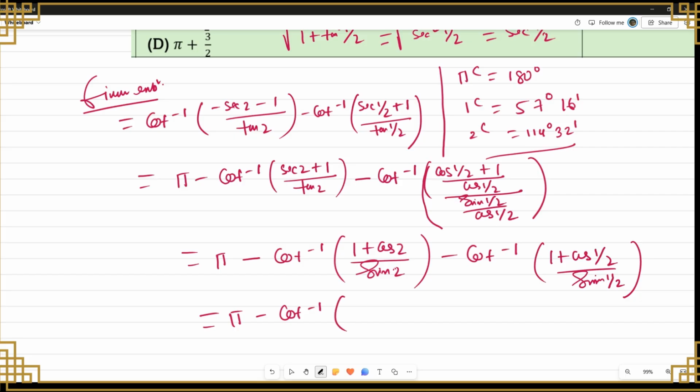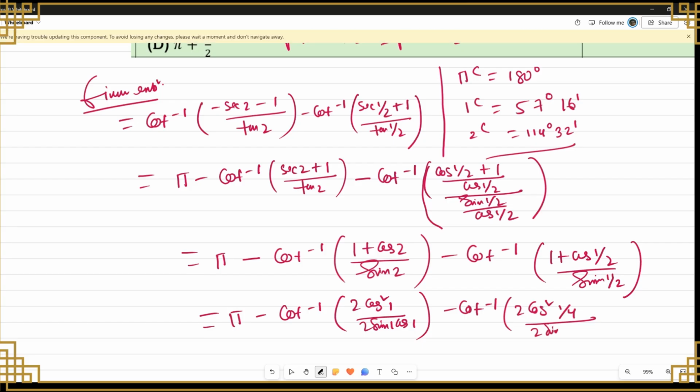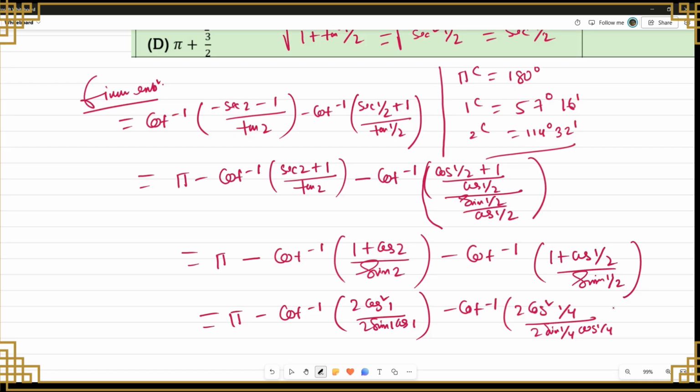I am doing it slowly because I am doing it for you. You can do much faster than me. This is 2 cos square 1 by 4, minus cot inverse of 1 plus cos half is what? 2 cos square 1 by 4 to 2 sin 1 by 4 cos 1 by 4. Okay?